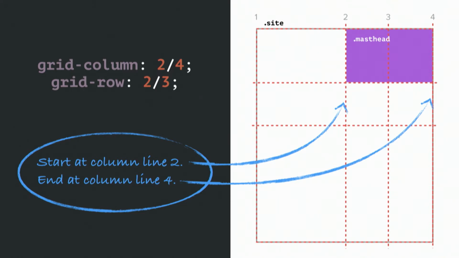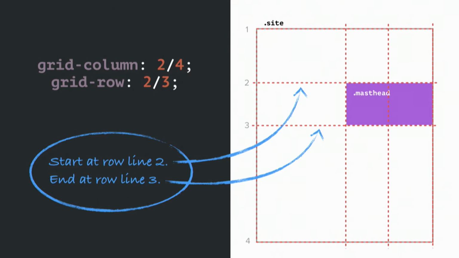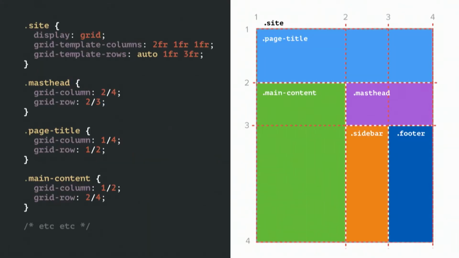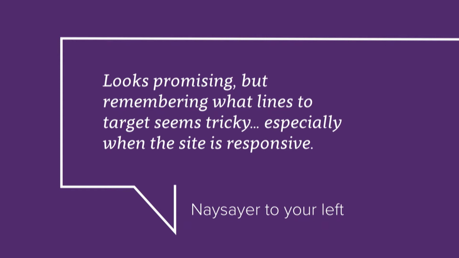If I say grid row 2 to 3, the item gets placed between line 2 and line 3. And you can do this with any grid item, meaning you can place any element anywhere in the grid at any time. And it doesn't matter what the actual HTML order is. Do that on a whole page, and you just end up with something completely different.